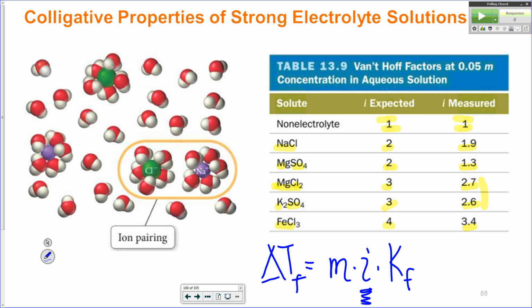If it's an ionic compound, I have to give you the i, or I have to tell you to use the theoretical, expected value. Okay, so what does that measured value represent? It represents going into the lab and dissolving a certain amount of that substance, knowing the molality, measuring the delta T, and determining the experimental value of i.